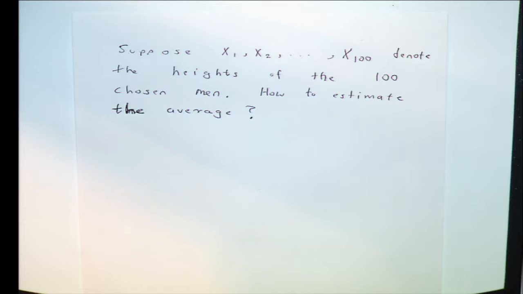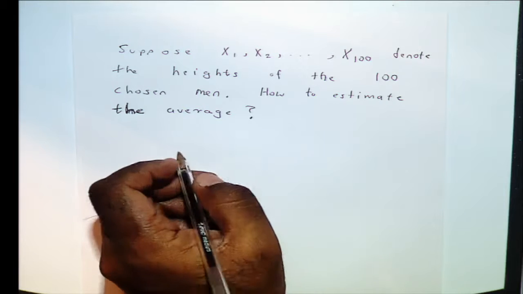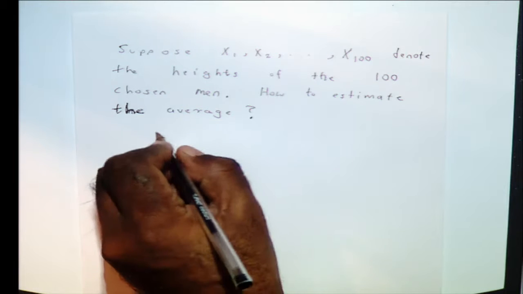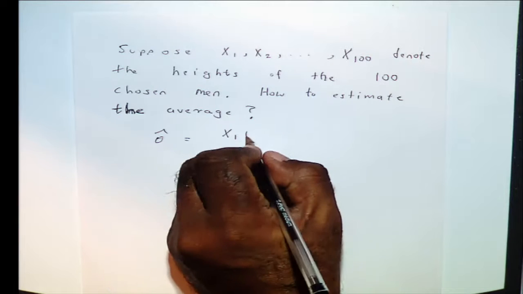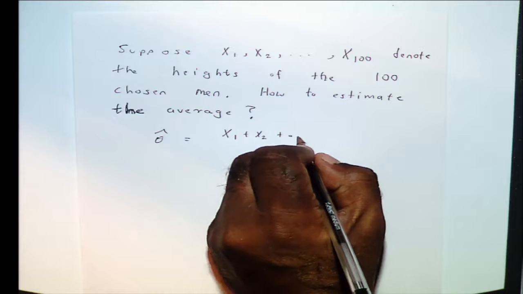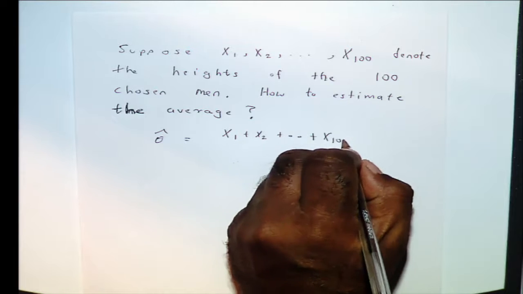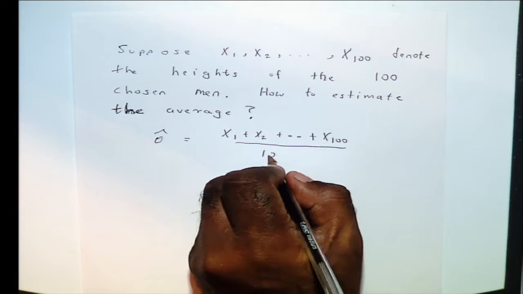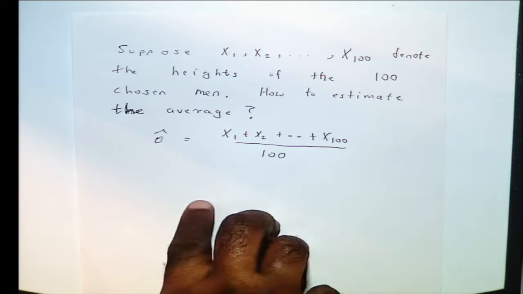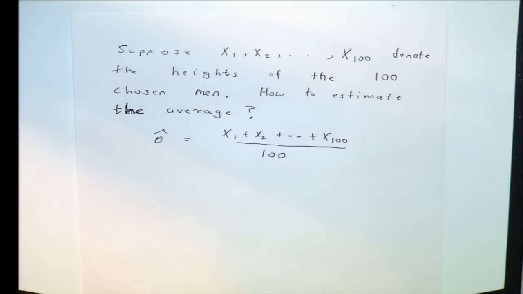Obviously, there's no one way of estimating the average of 100 men. So, for example, you could say that theta hat is equal to this. This is one possible estimator of theta, okay? But that's not the only possible estimator of theta, right?